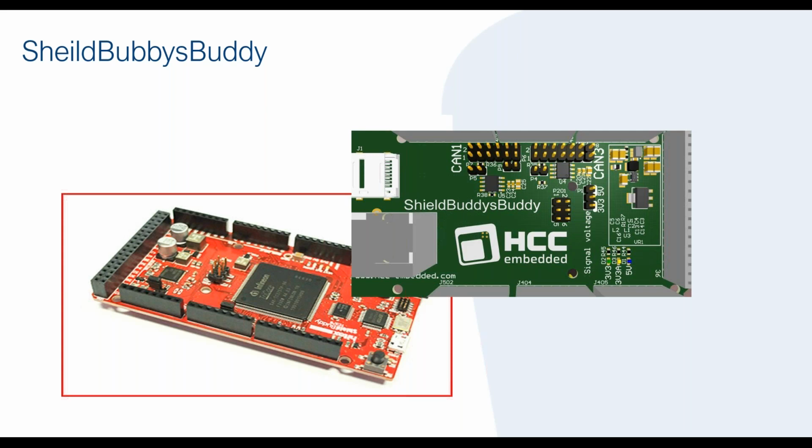HCC have teamed up with Hitex. One of our focused target controllers for this software is the Infineon Aurix processor, for which Hitex have a Shield Buddy dev board. We've produced the Shield Buddy's Buddy, which is an extension board for the Shield Buddy, which allows you to connect an Ethernet port also to CAN ports and an SD card controller port.